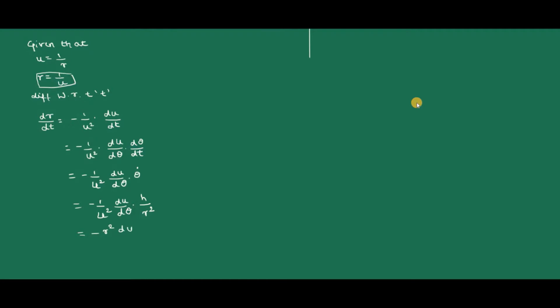So this is du divided by d theta into h divided by r square. Here r square and r square get cancelled. So we are left with dr divided by dt is equal to minus h into du by d theta.